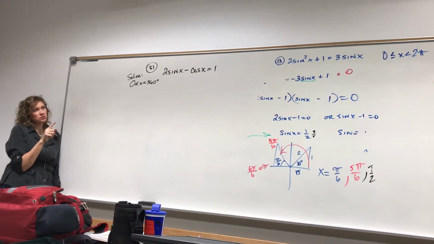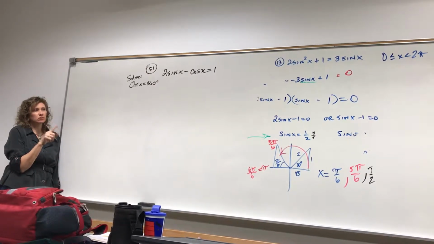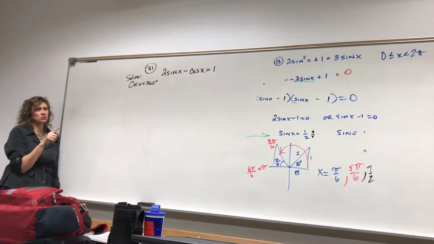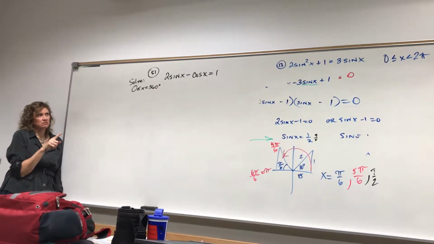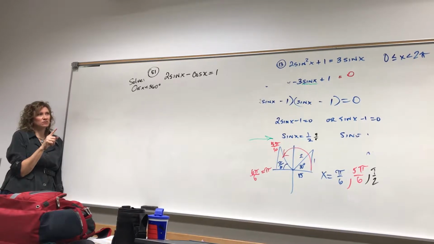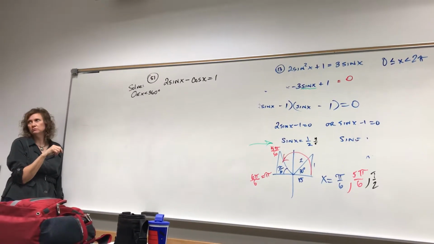We were able to get one trig function in problem number 59 because we did a trigonometric substitution using the Pythagorean identity. But that's only if we have squared trig functions, sine squared, cosine squared, which I don't.